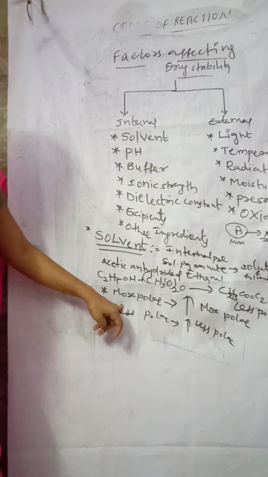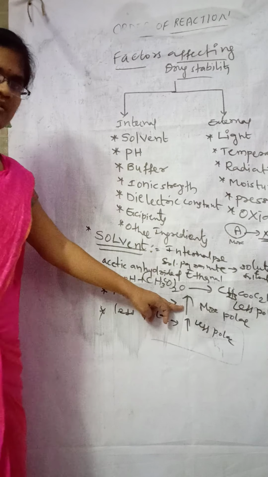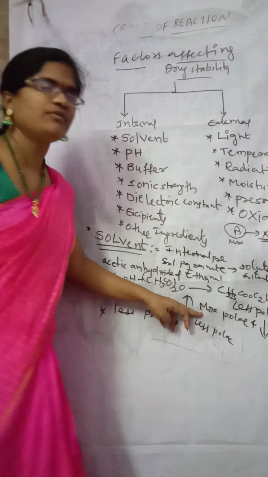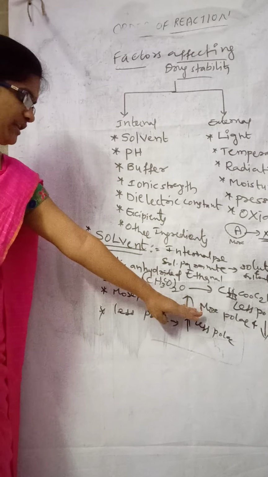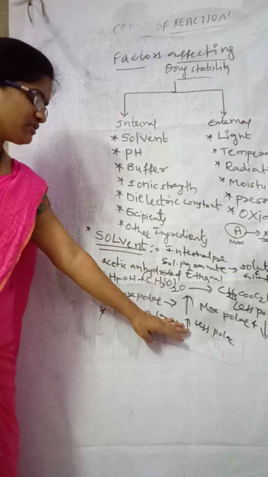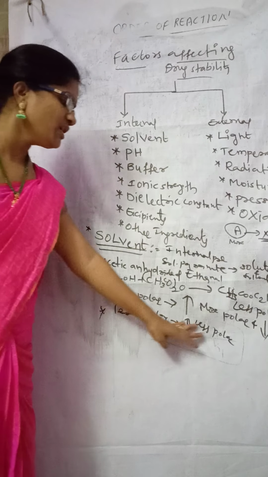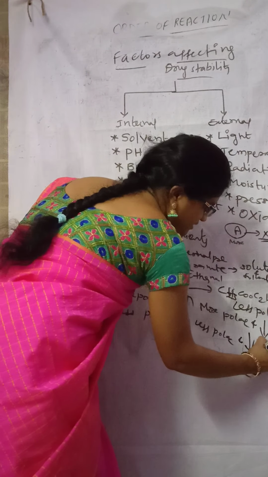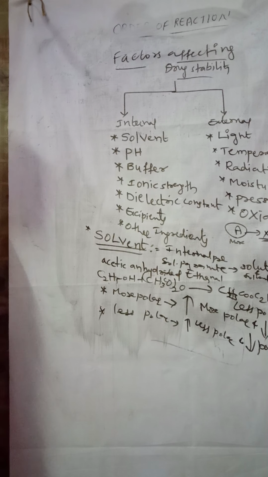If the solvent is more polar, it will increase the formation of more polar products and decrease the formation of less polar products. If the solvent is less polar, it will increase the formation of less polar products and decrease the formation of more polar products. So this is the effect of solvent on the stability.